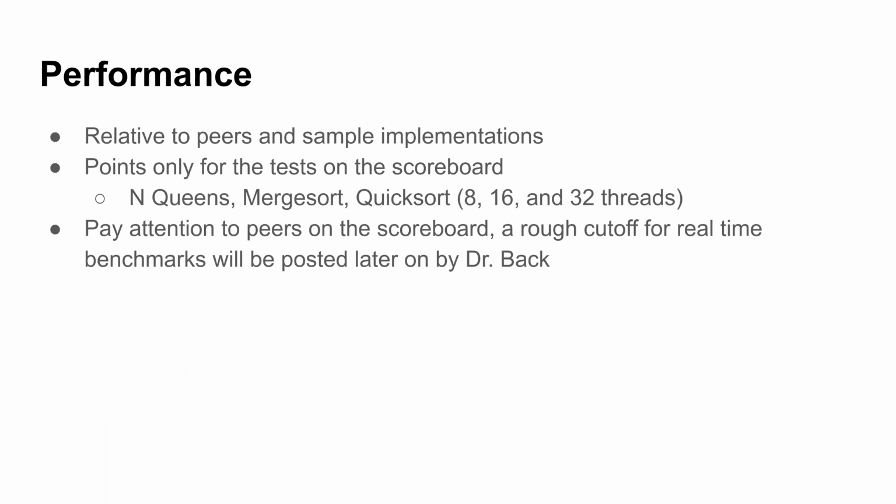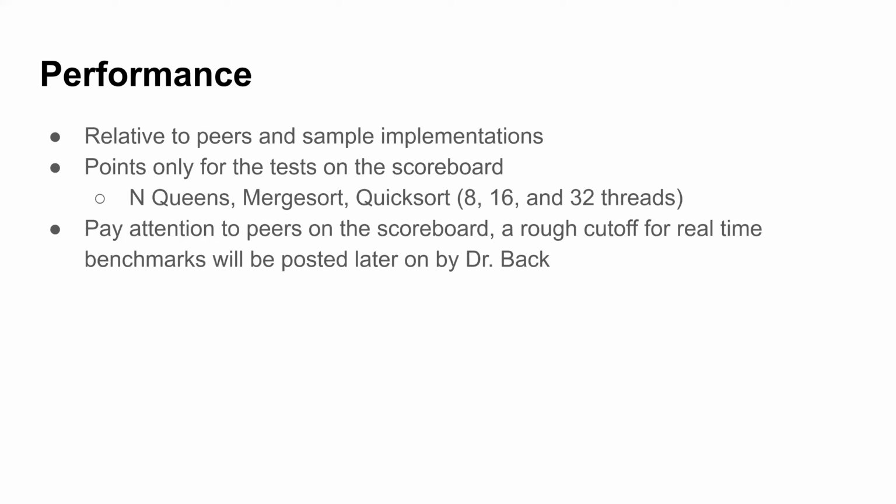Performance, as I've said, is more relative to peers and sample implementations. As we get more thread pools submitted, we'll have more of an idea as to what those points will be. But for the scoreboard, there are going to be multiple different benchmarks. We have the nqueens test, the merge sort test, the quick sort test.